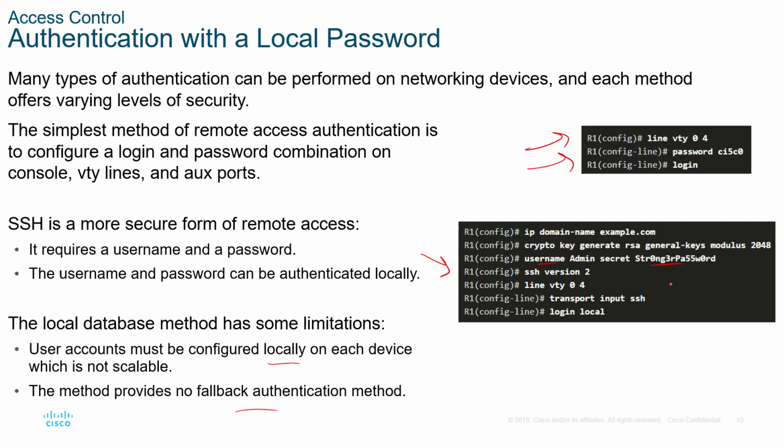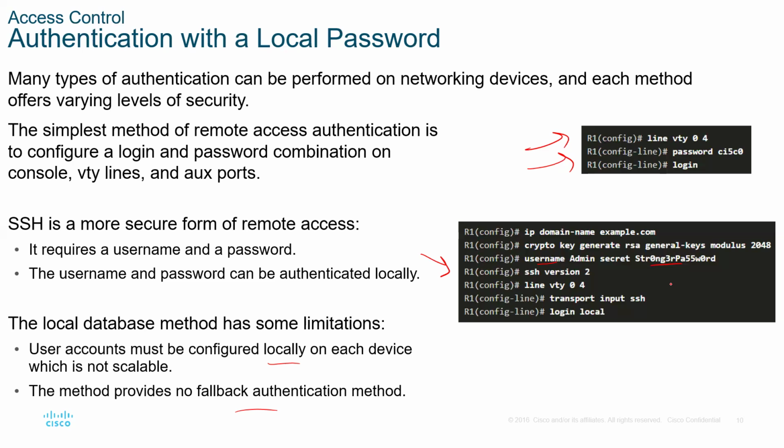So in this case, a user has to identify themselves. There is a local database which is created within the device, which means every time someone tries to get access to that device, they have to use their username and their password. And that's how we identify who wants access. If we add the other A for accounting, for example.